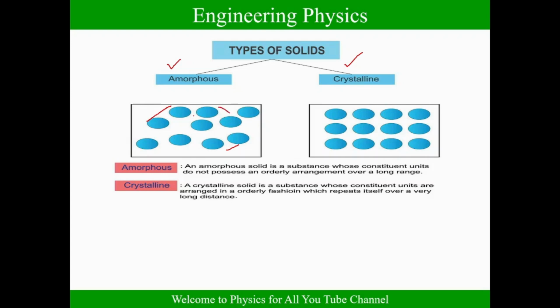If you observe this diagram carefully, you can take any two atoms along the x dimension, y dimension and z dimension, and the distances are not uniformly arranged. Because of non-uniform distances between the neighboring atoms in amorphous solids, these atoms do not have perfect binding between the neighboring atoms.